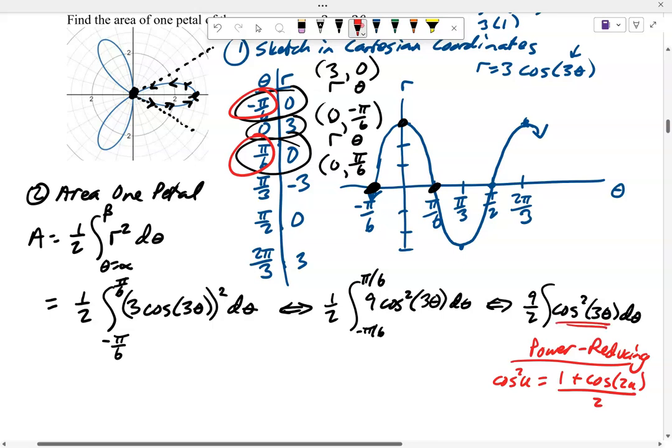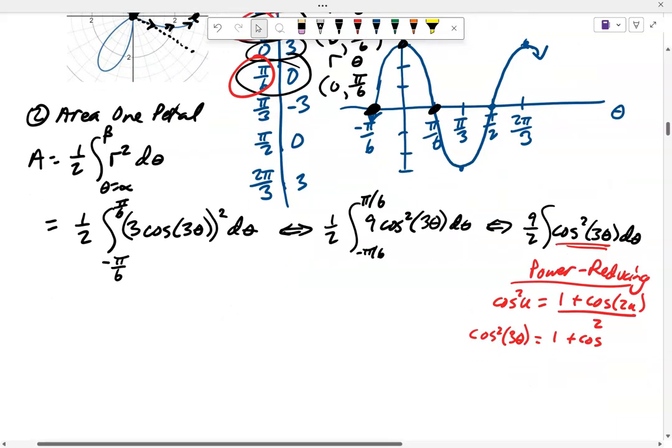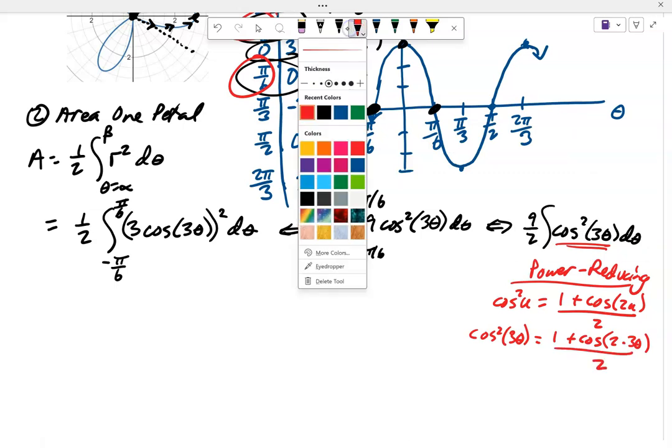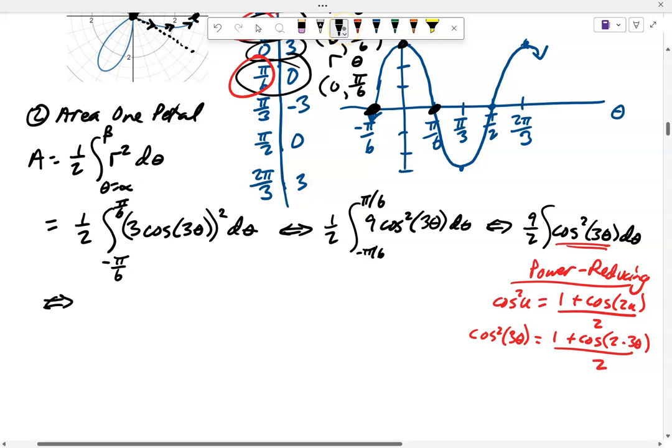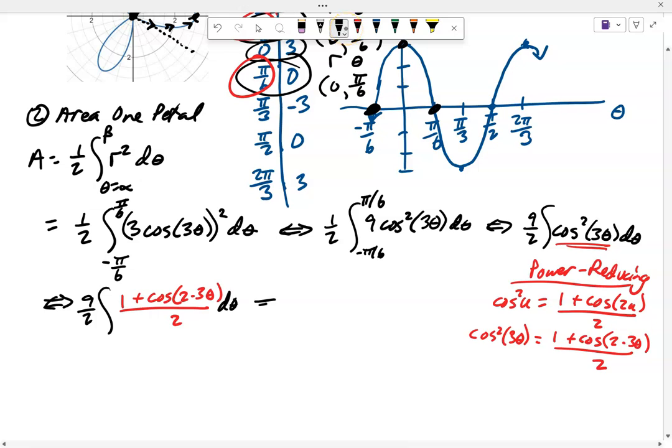In other words, cosine squared of 3 theta would be 1 plus cosine of 2 times 3 theta, all over 2. So we got 9/4 times the integral of 1 plus cosine 6 theta d theta.